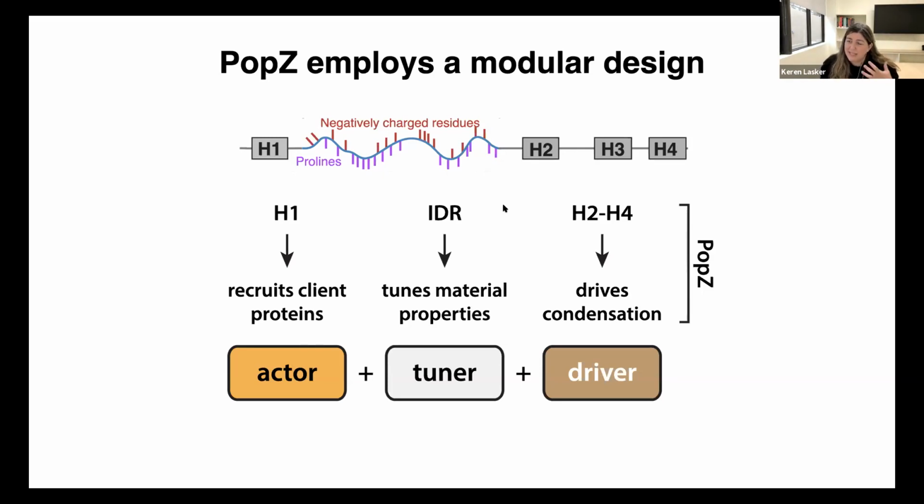So we see it as a domain that can give you function. And later, if we're thinking about designer condensates, of course, you can change this functional domain to be whatever you want, but you're still going to have those two modules of the driver for oligomerization and a tuner.